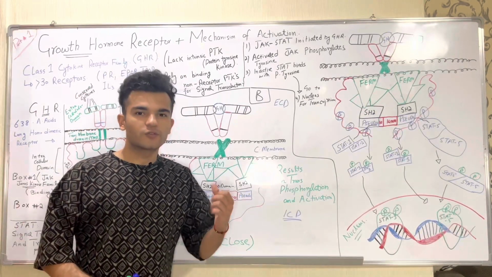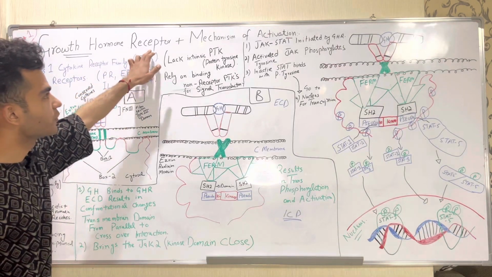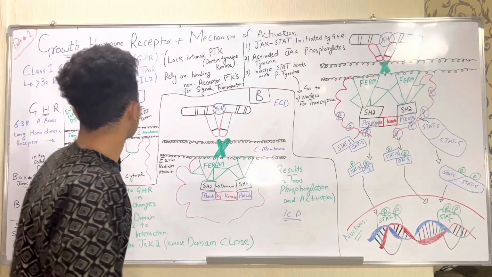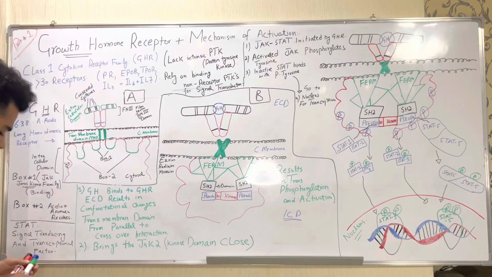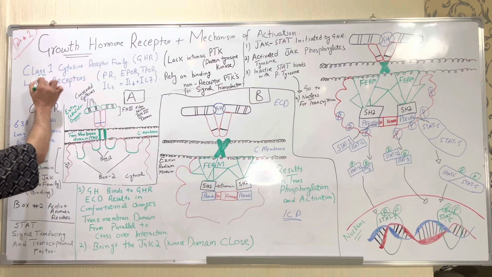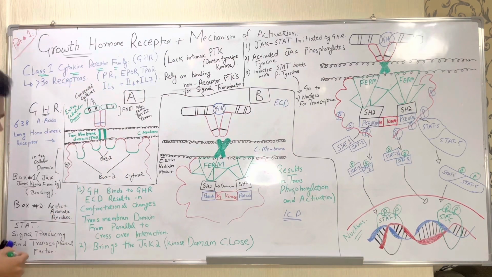Hello everyone. Today we are going to talk about the growth hormone receptor and the mechanism of its activation. First of all, the growth hormone receptor belongs to the class 1 cytokine receptor family. Now, what is this family?